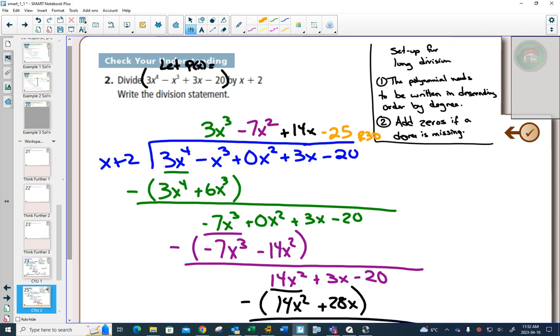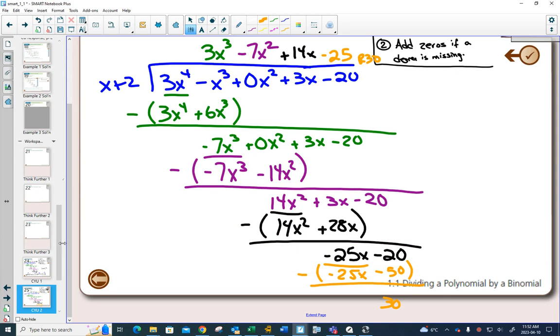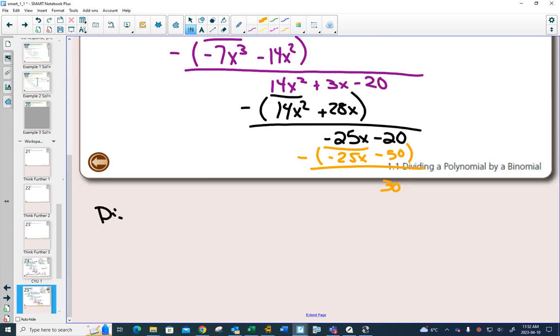Then when you write your division statement, instead of writing all of that again, you just write P of x equals, we were dividing by, our divisor was x plus 2. So we write x plus 2.